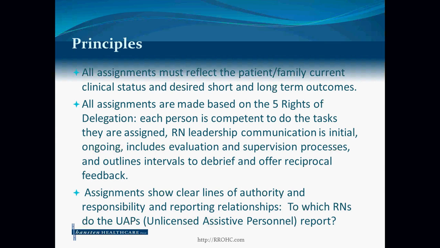Thirdly, assignments show clear lines of authority and responsibility in reporting relationships. If, for example, you're on a patient care unit and right now you only have one nursing assistant, and you as a charge nurse are deploying that nursing assistant, then you really are the person giving them the initial direction.